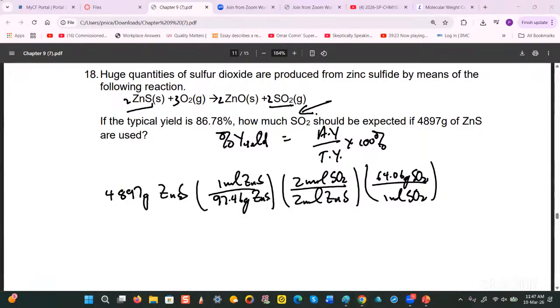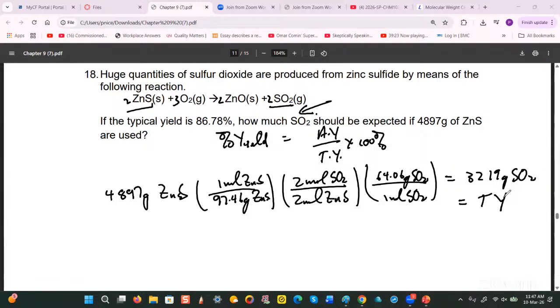So 4.897 divided by 97.46, multiplied by 64.06. According to my calculation, this works out to be equal to 3.219 grams of SO2, right? Now this, folks, is the theoretical yield.